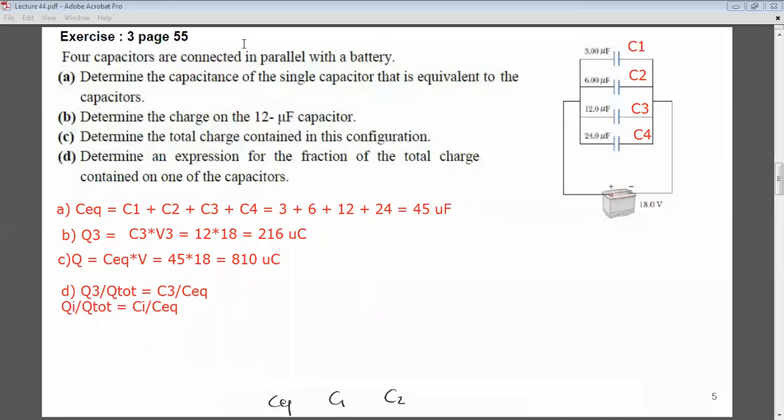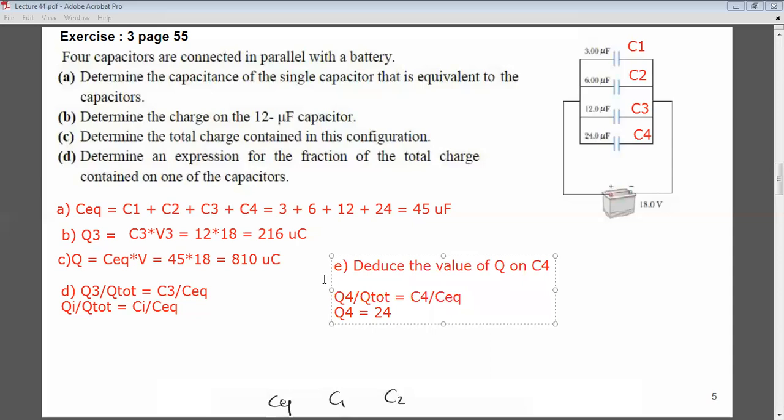So part E, deduce the value of Q on C4. So I will say Q4 divided by Q total is equal to C4 divided by C equivalent or C total. So Q4 will be equal to C4, 24 microfarad, times the Q total.